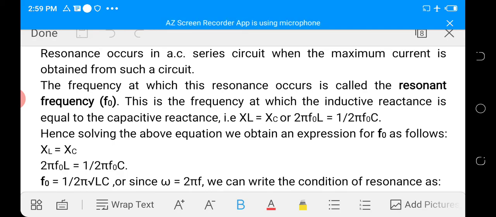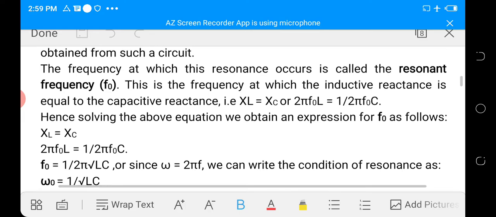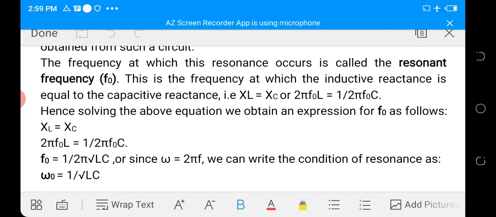To get an expression for the resonance frequency F0, we equate XL to XC because at resonance frequency F0, the inductive reactance is equal to the capacitive reactance, that is, XL is equal to XC. And remember, XL is 2 pi F0 L, while XC is going to be 1 over 2 pi F0 C.